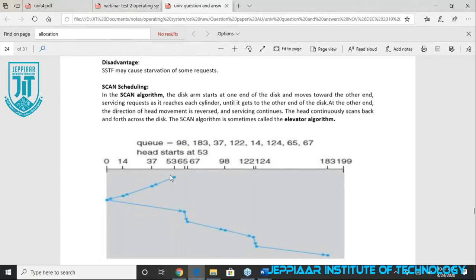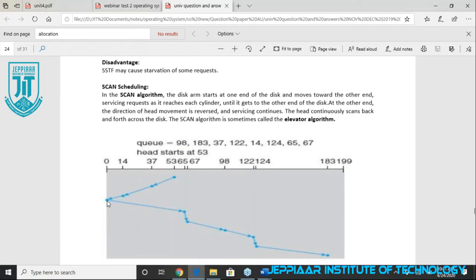Okay, so current position is 53. Now I'm going towards 0, whichever the block I want to read. So see the question. So from 53 going towards 0, now I have only 37 and 14. So 37 I'll be servicing, and next I'll be servicing 14. After that I'll go and touch 0, that is ground floor.